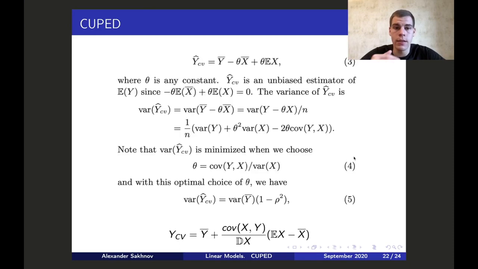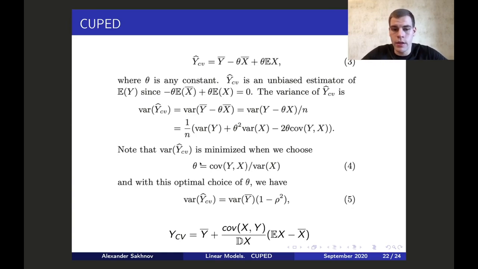expectation. Let's look again at what CUPED is. Here is a screenshot from their paper where it is written that the new time series is equal to the old time series minus theta multiplied by the deviation of x from the expectation of x.